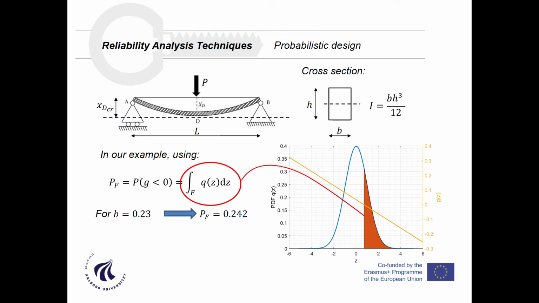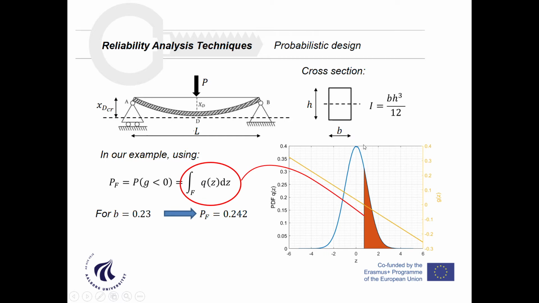So now coming back to our example and using the expression that we found for the failure probability, we have that the failure probability is the probability that the limit state function is below zero, which is equivalent to the integral of the probability distribution over the failure domain.